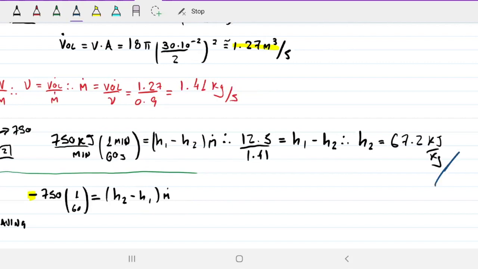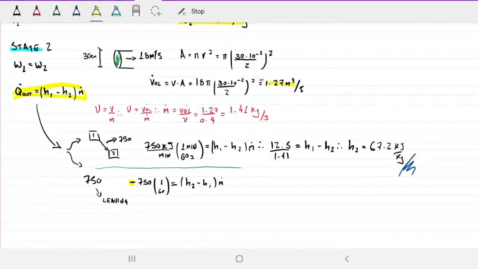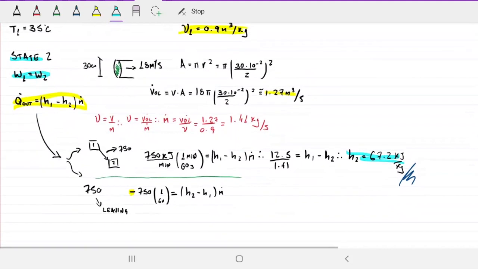Cool. Now we have two things for state 2, because we know, let's go back and have a look at what we have. We know that the enthalpy is 67.2, and we know that the absolute humidity is, what was it, 15.94. So I can go back to my chart.